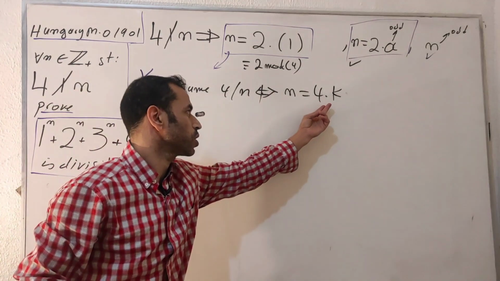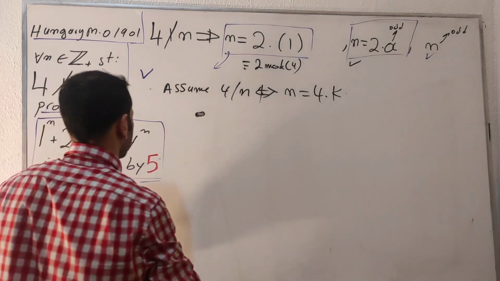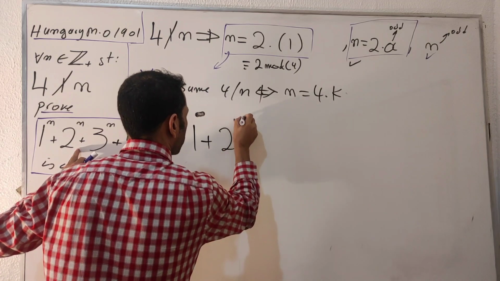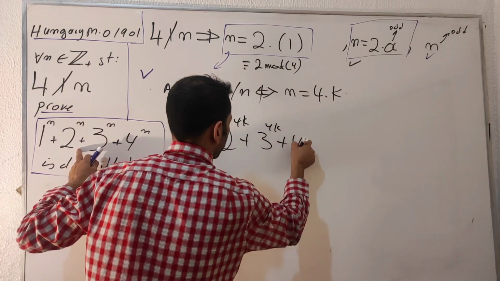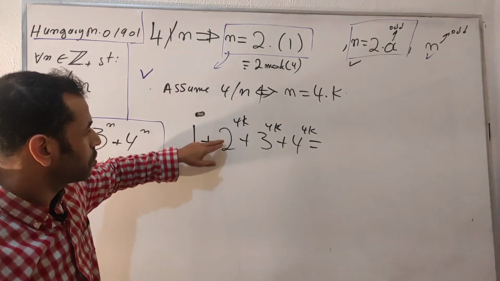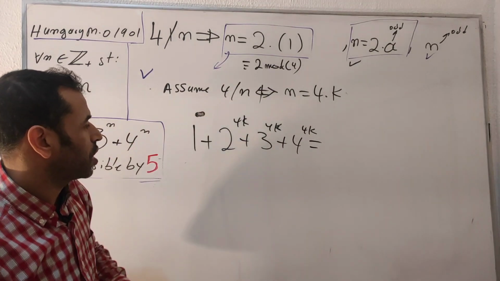I'm simply going to take this value of n and insert it back into here. So I get here 1 stays 1, 2 to the 4k plus 3 to the 4k plus 4 to the 4k, like this, okay?